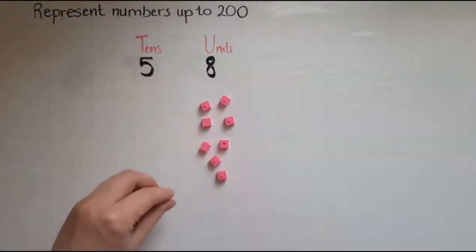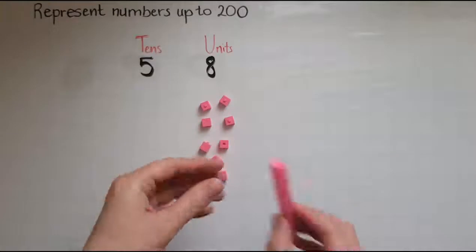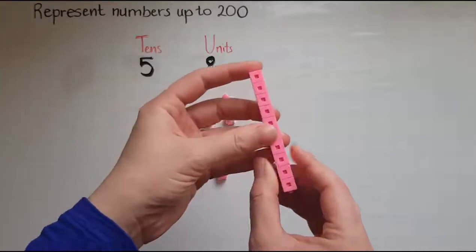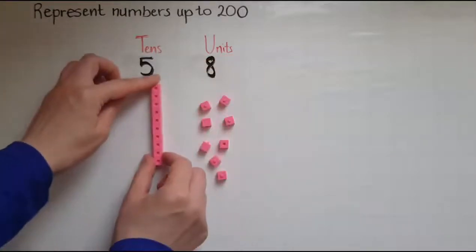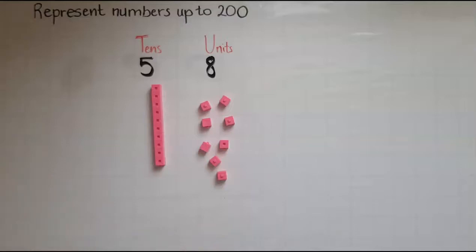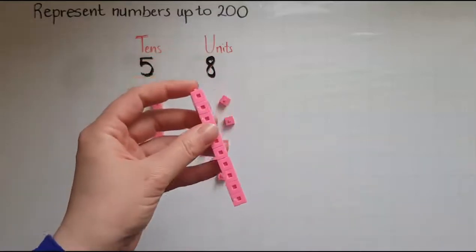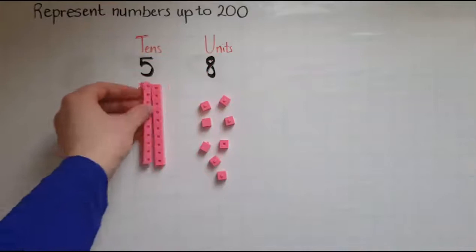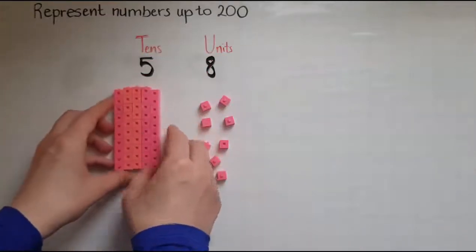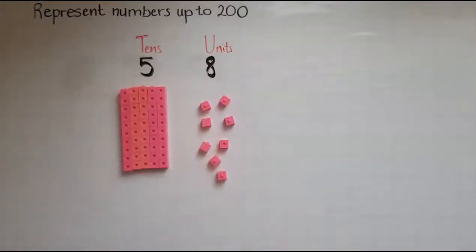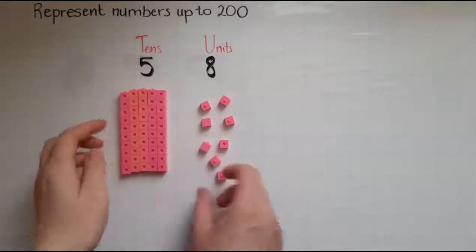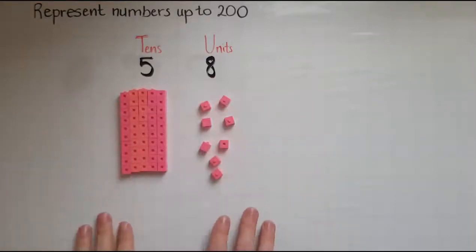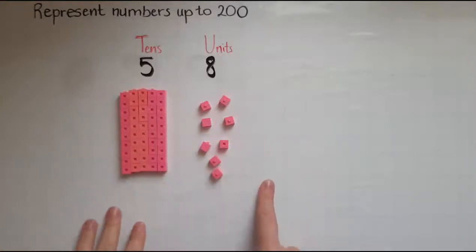By putting 10 of these together, I can get a block of 10 like this. So there is a 10, and there is another 10, and 3 more. All together I've got 5 blocks of 10, which makes 50. So this again represents 58 cubes.